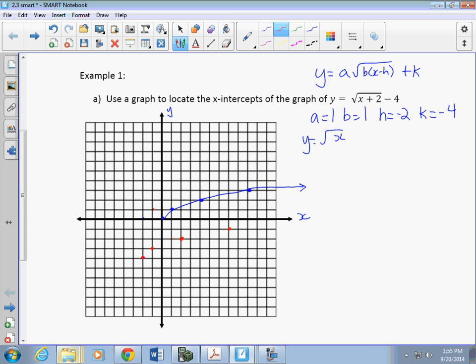Or I could do my translation. So this one I went over 2, down 4. So you get the same idea. Okay, but when I did this, you can see I still don't have my next point, because my transformation, I didn't put enough on there to see it.